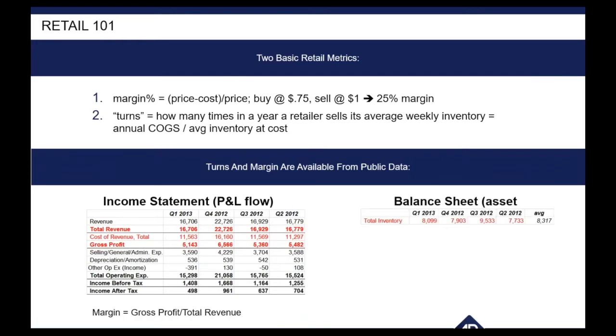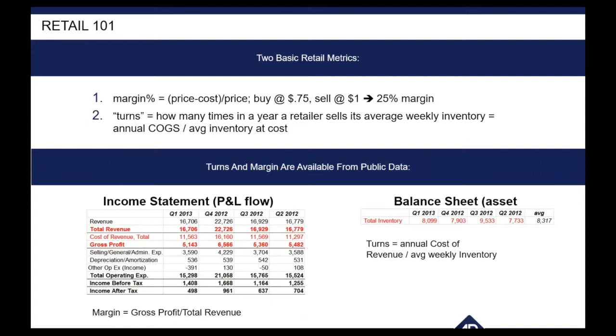And turns also uses cost of goods sold on one hand, and the inventory comes from the balance sheet, because inventory, unlike revenue and cost of goods sold, is not a flow measure, it's a snapshot measure, or a level. In theory, we would need the average weekly inventory. If we look at quarterly balance sheets, we can approximate that by taking the average of the 4 quarterly numbers, which gets us pretty close.